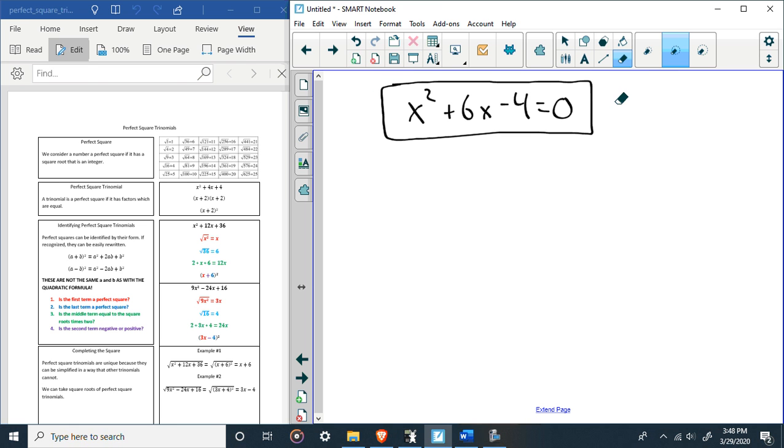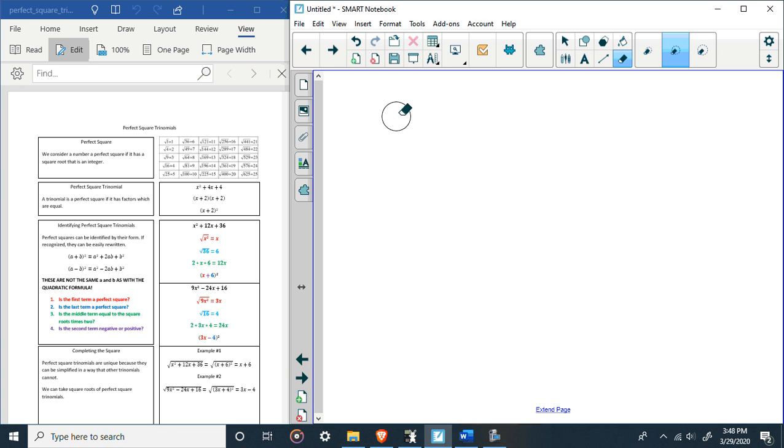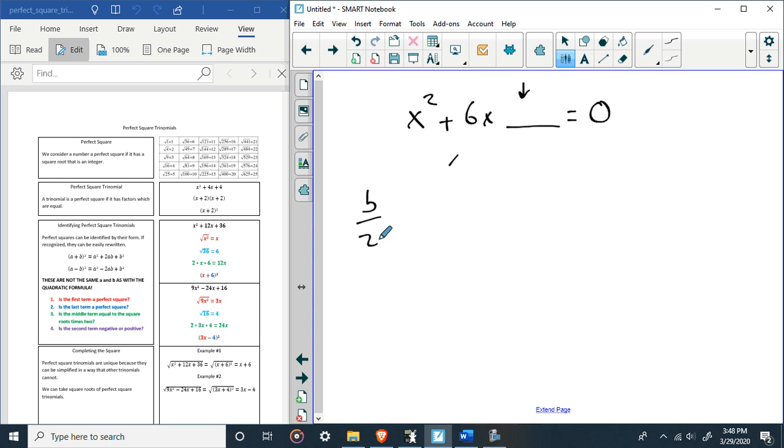Now I want to get down to basics first. So let's focus on a few examples and we'll talk about how this is beneficial to us. If you'll recall from last time, if I wanted to make something a perfect square, what I wanted to do was take my b term, divide it by 2, and square it.